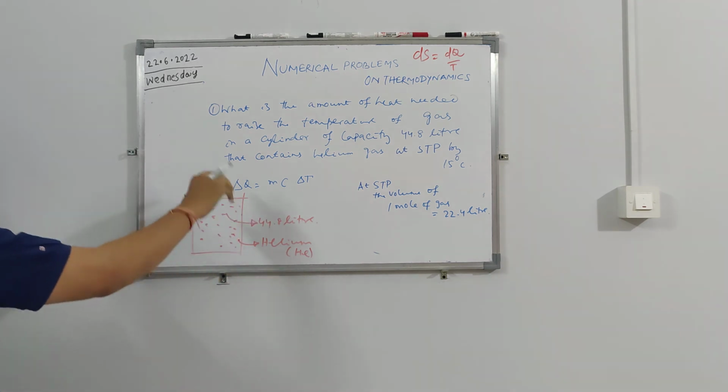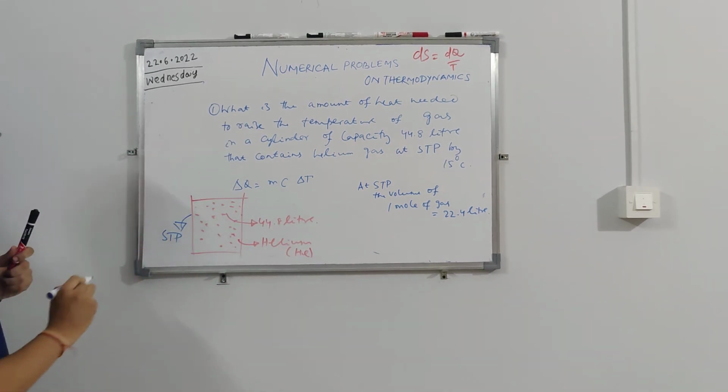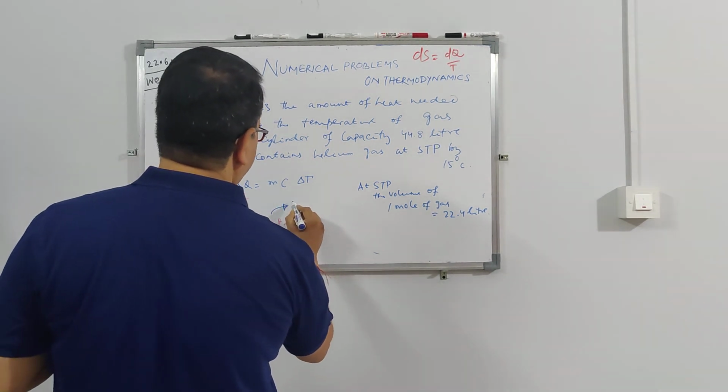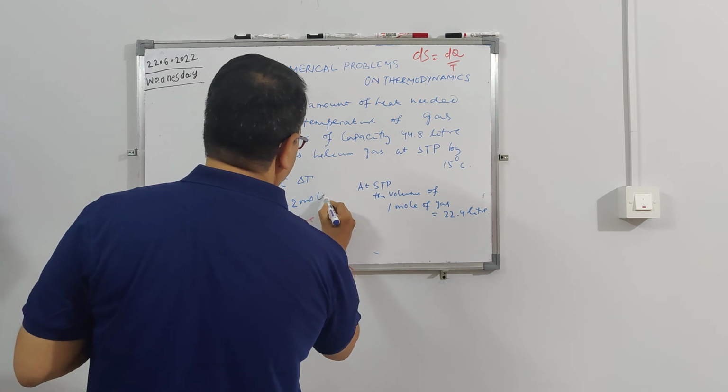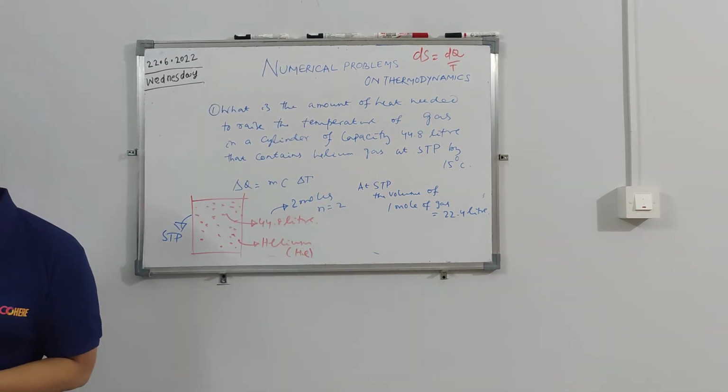Because it is at STP and the volume is 44.8 liter, that means it is 2 moles. That means n is equal to 2.